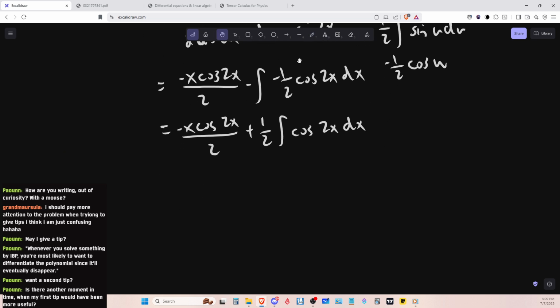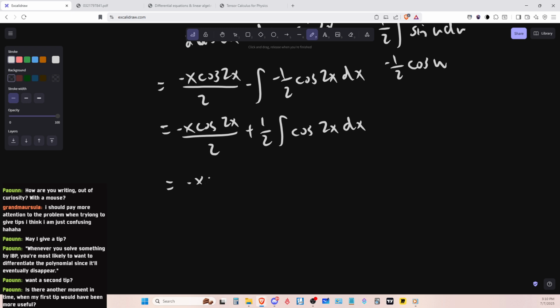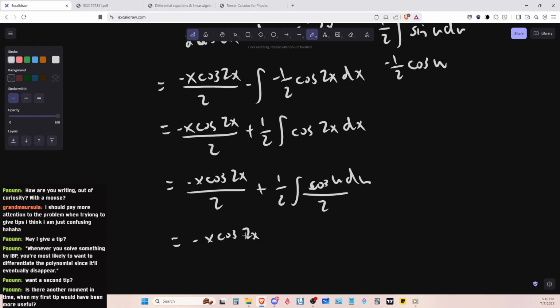Move this up, then this would be cosine of u du, leaving us with cosine, actually that'd be sine 2x over 4 plus c.